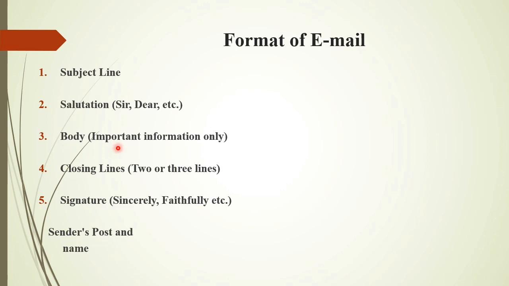It is that part where we share our information or write the message. Then the closing line, and after the main body, we close our letter with some two or three lines. And at last, there is the signature part which begins with sincerely or faithfully, and in the end, we write the sender's post and name.